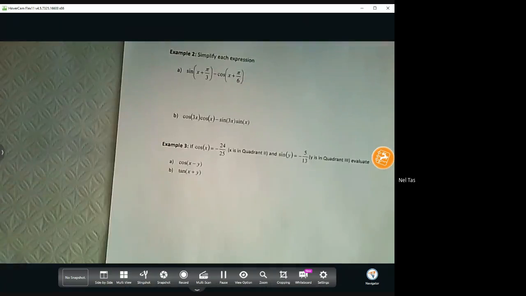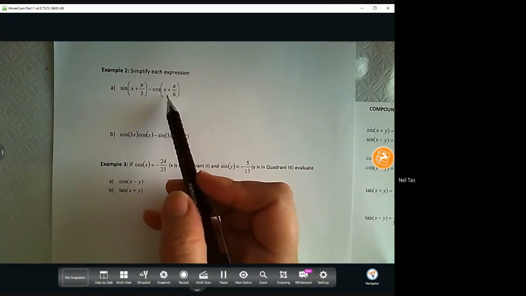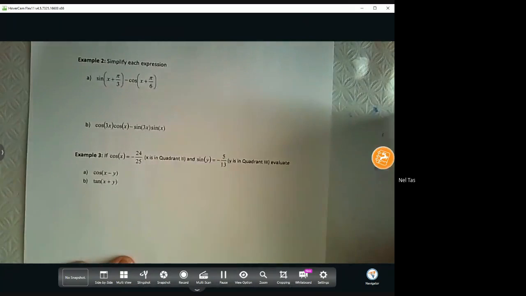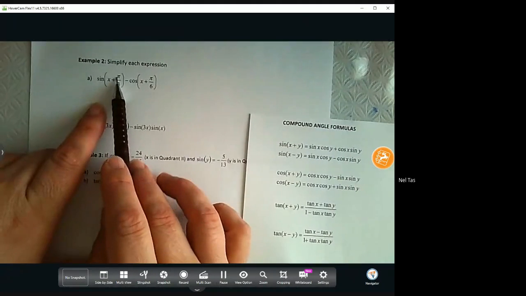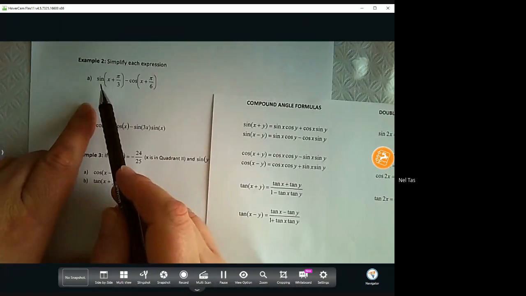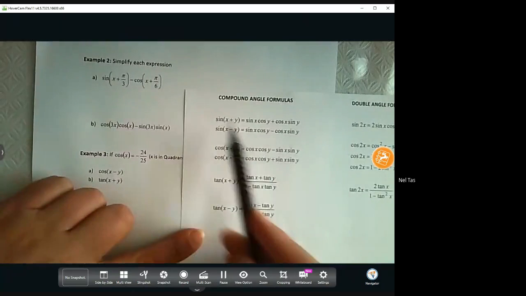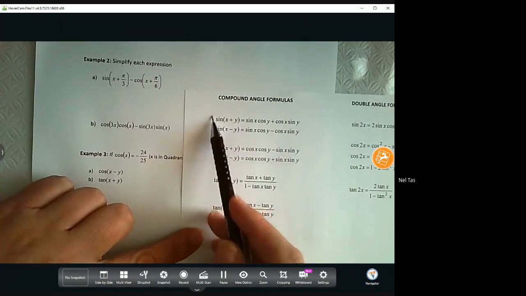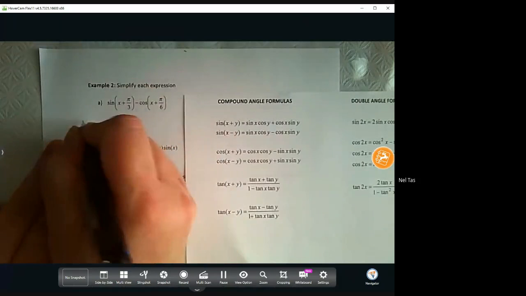Right. Now we're going to look at example 2. It says simplify each expression. We have sine of x plus pi over 3 minus cosine of x plus pi over 6. Okay. So now to be able to simplify, we can use compound angle formulas. The first one is sine of x plus pi over 3. So it looks like we can use the sine x plus y formula. So let's do that.